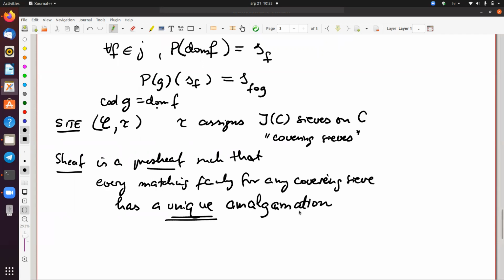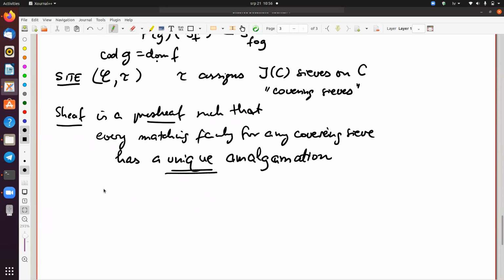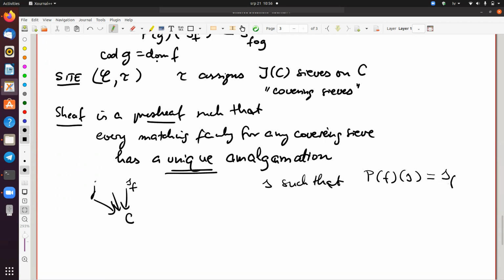So what was amalgamation? You have a covering sieve J over C, and in each of these domains I have some s_f, and an amalgamation is s such that P of f applied to s, that's like a restriction of s along f, is s_f.